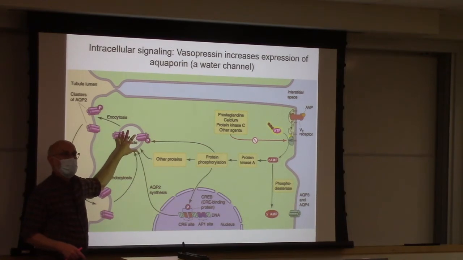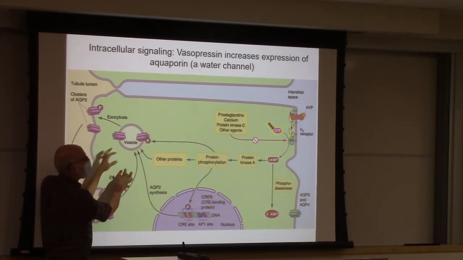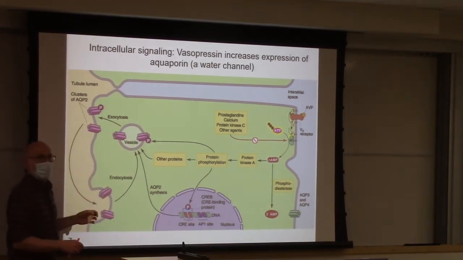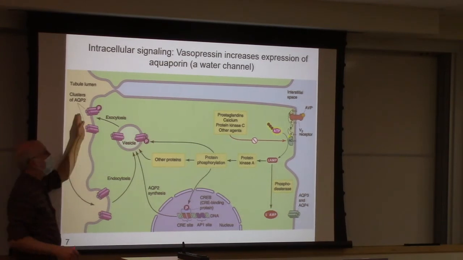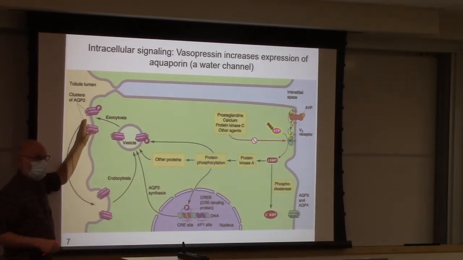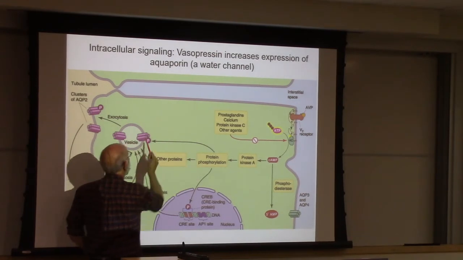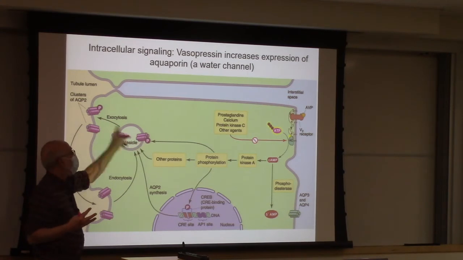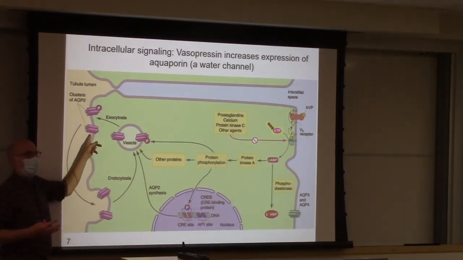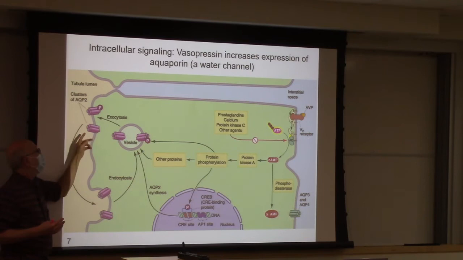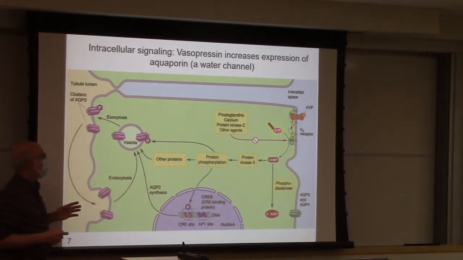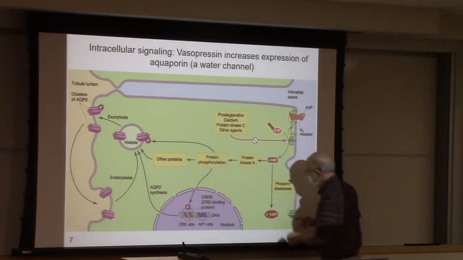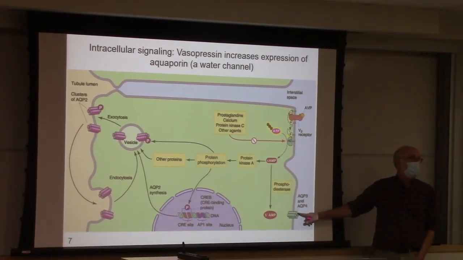Aquaporin is expressed in these cells and is resident in vesicles that are ready to be exocytosed, depositing the aquaporin into the apical membrane. So when aquaporin is phosphorylated, that's a signal to the cell saying, exocytose me. Now we have water channels. So water can move from urine into cytoplasm, and we have a constitutively active water channel over here.